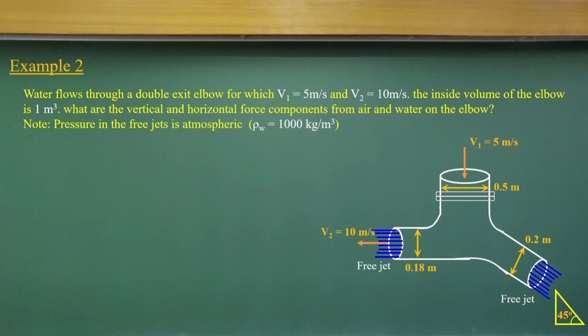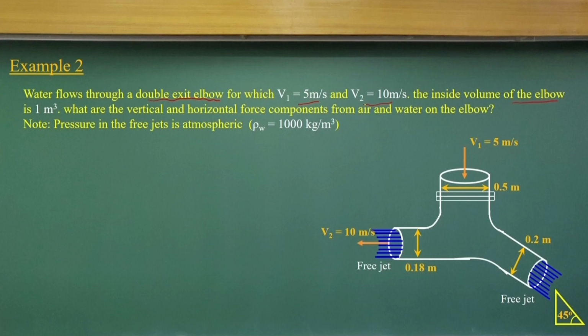Now, let us go to example 2, where we have water flowing through a double exit elbow. Okay, this is an elbow type of concept, where we have a v1 velocity and a v2 velocity. One is 5 meter per second, another is 10 meter per second.